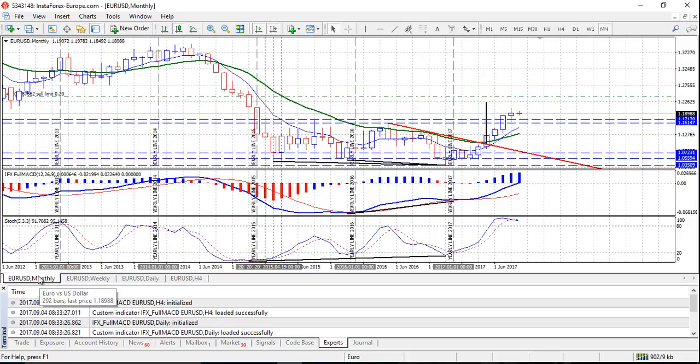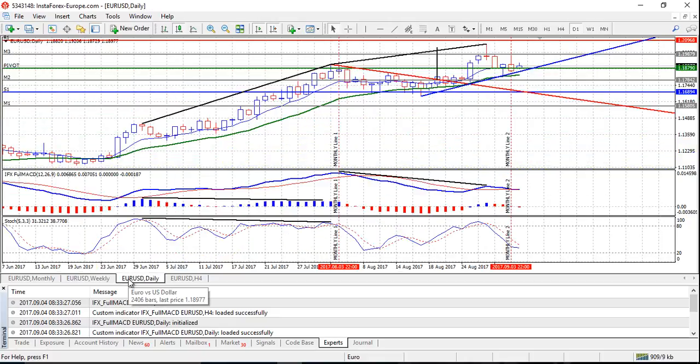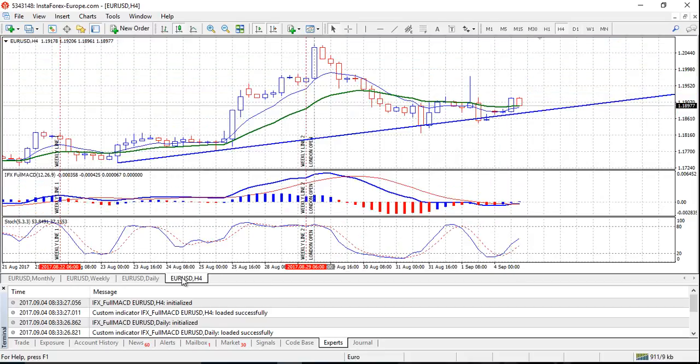If you click it, it's going to bring out the monthly chart of the Euro USD, and then this is the weekly chart, and then this is the daily chart, and then this is the 4-hourly chart.